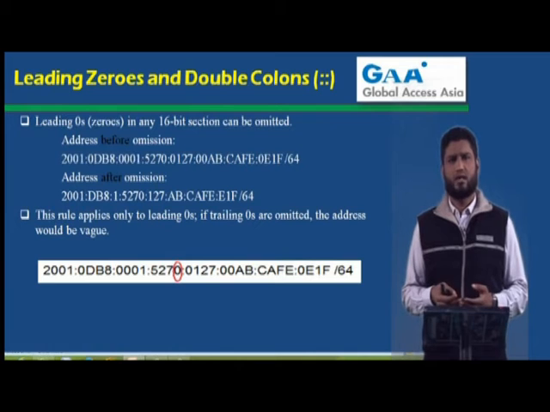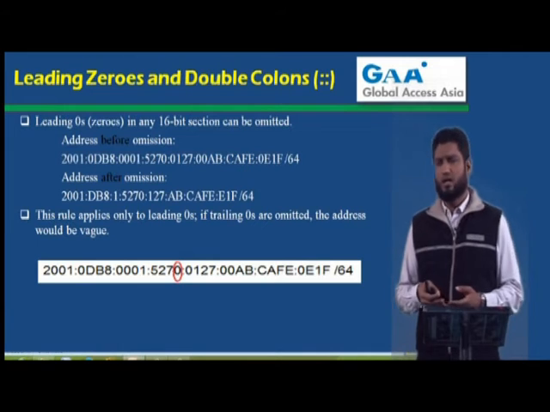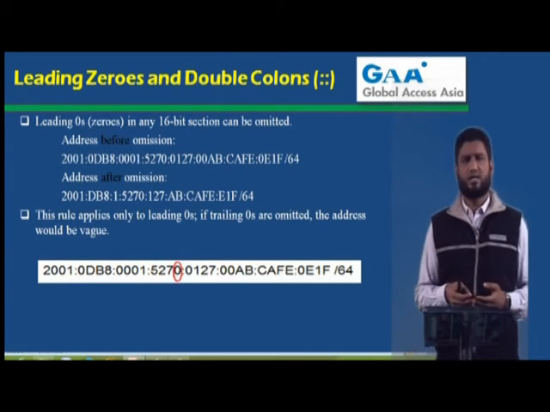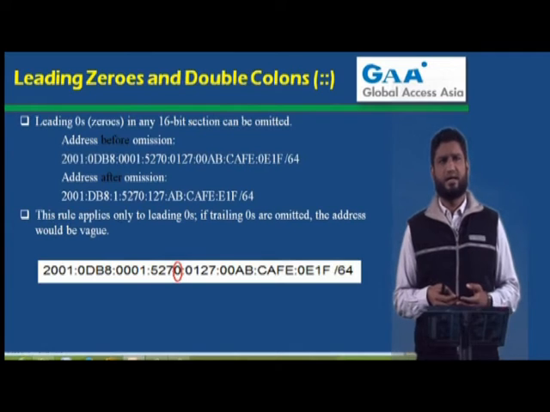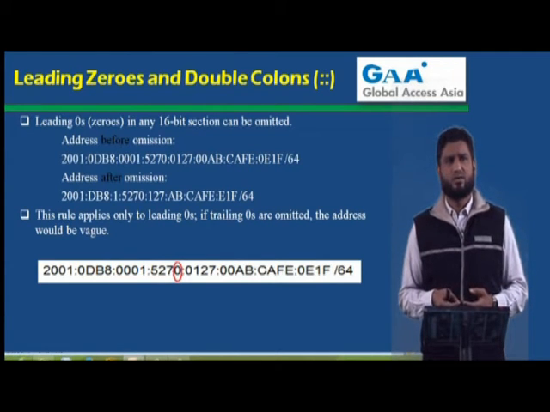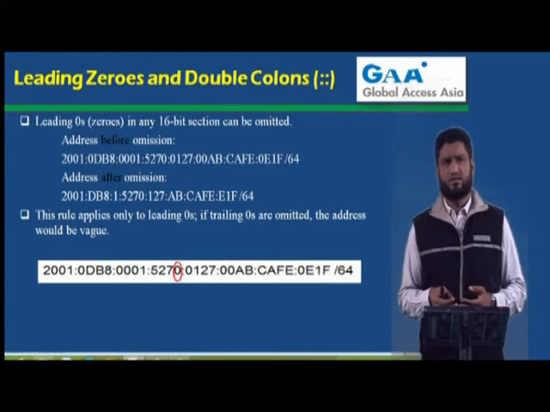If you look at the address after omission, the leading zeros have been omitted. Instead of 0DB8 we are writing DB8, and the zeros are rewritten in shortened form, but the trailing zeros are not omitted, because we are not considering them here.